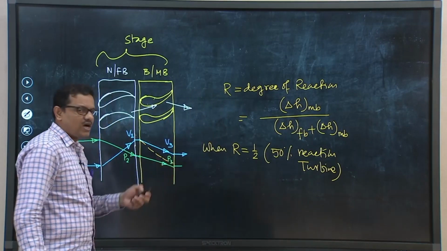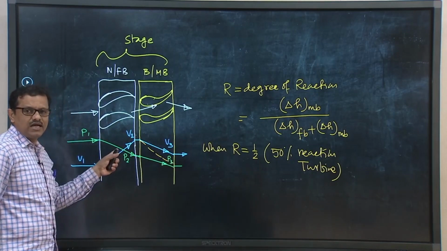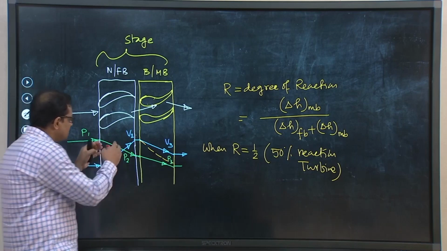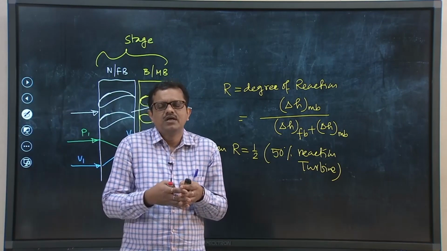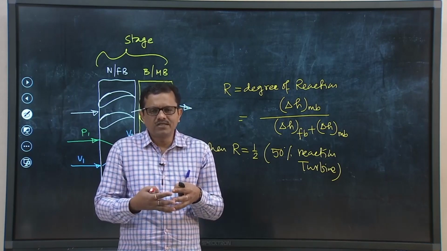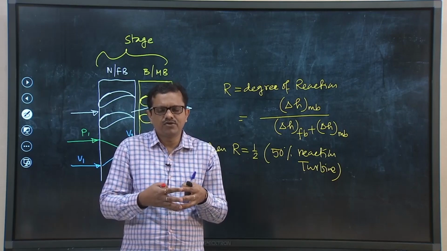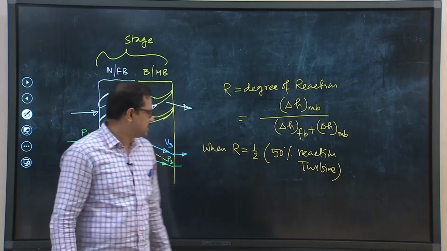So, for R equal to half, that is a 50% reaction turbine, this is the only one stage that we had drawn today to see the variation of pressure and velocity when steam is passing through the first row of nozzles or fixed blades, and the first row of moving blades.